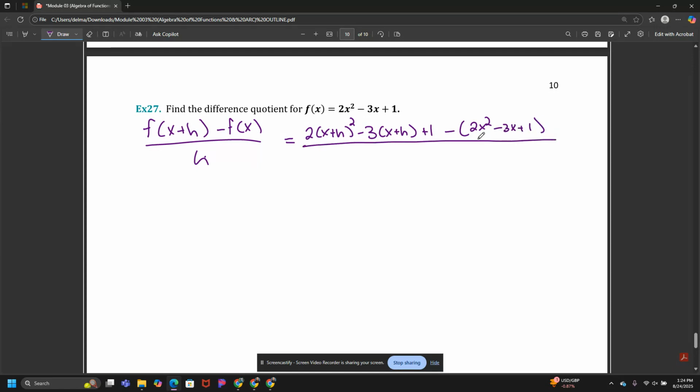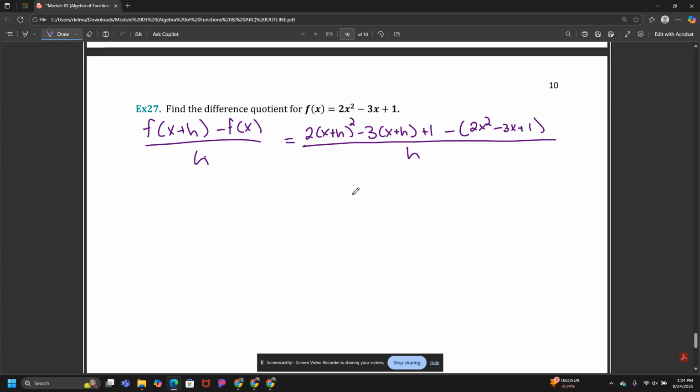And then the bottom is just h. Okay. So now let's work through this here, as it were.